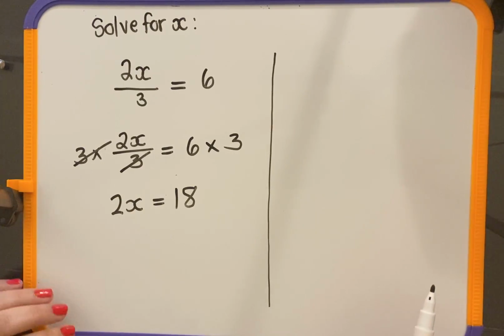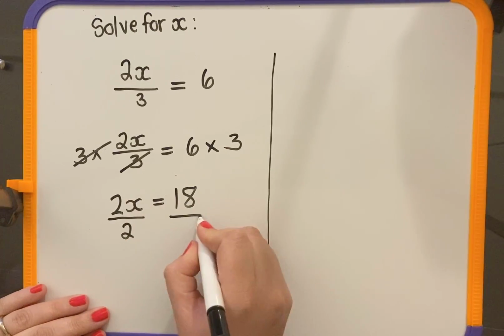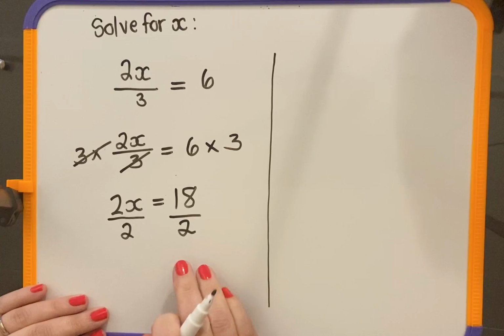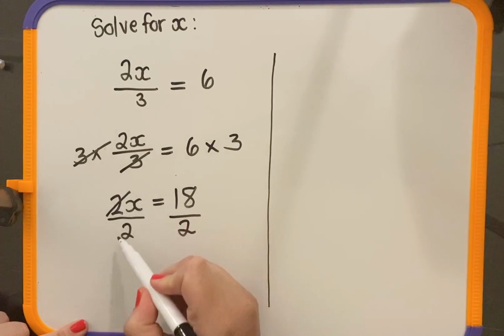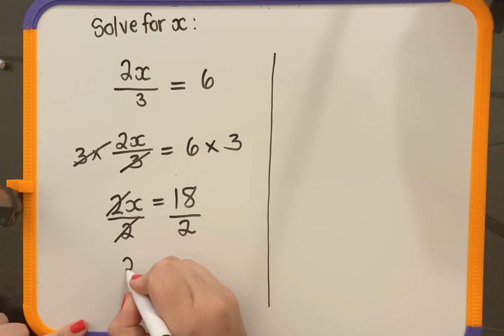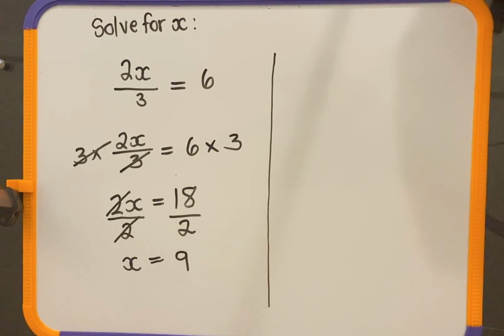So how do I undo something that's been multiplied by 2? We're going to divide by 2. And remember, it's an equation, so what I do on the right-hand side, I have to do on the left-hand side. The 2s divide each other, and I'm left with a 1x. And 18 divided by 2 is 9.